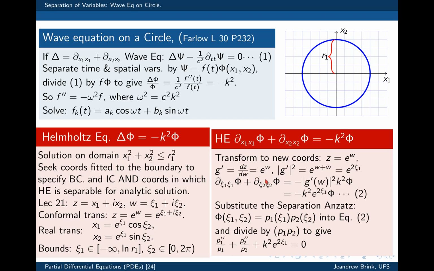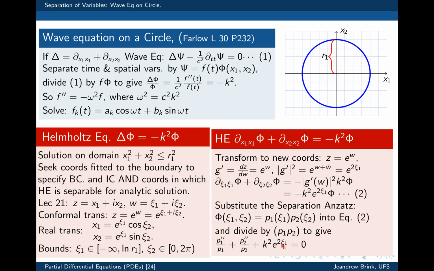The second term here is the second derivative with respect to c2 applied to phi, and when you assume this ansatz, it's simply the second derivative of p2 with respect to c2 times p1, and you're dividing by p1 p2, so you just get this term. And this last factor, I've just moved it to the left-hand side, effectively dividing by phi equals p1 p2, and so we're left with this.